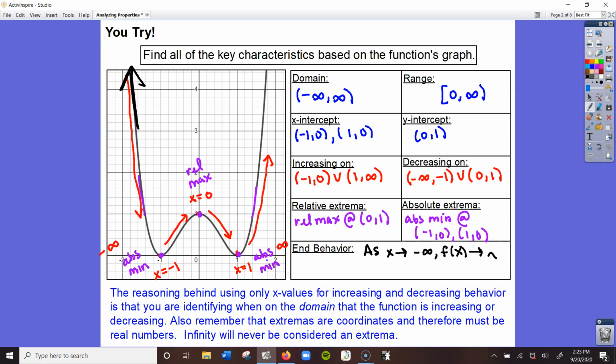So f(x) would be approaching positive infinity. On the right side of the graph, we would write as x approaches positive infinity. Now I'm going to check what my y values are doing on the right side, which is also going up, so f(x) is approaching positive infinity.